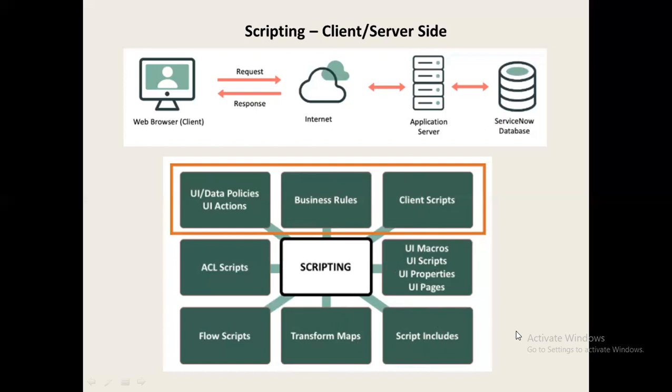So the idea is that they give you both options. They give you an option of a UI interactive thing which you can do, and if you think you cannot, then script. This is highly recommended: you should be writing script only and only when you cannot do it using the normal user interface. Normal conditional things, like select this and do this, can all be done in ServiceNow using UI policies, data policies, or all those things.